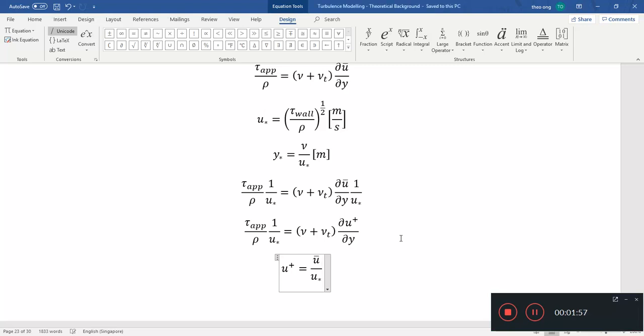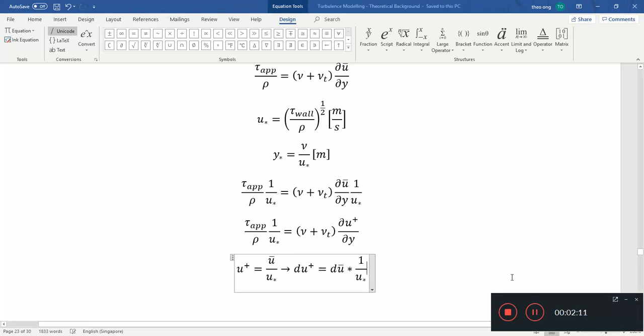Okay, given that U star is a constant, we find that du plus equals du bar times 1 over U star. Okay, so that's it.